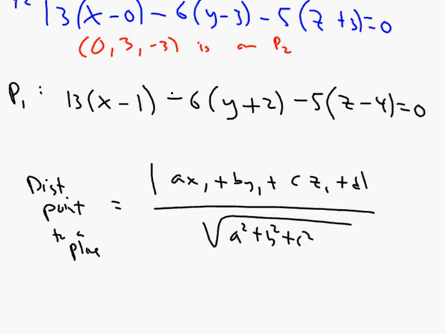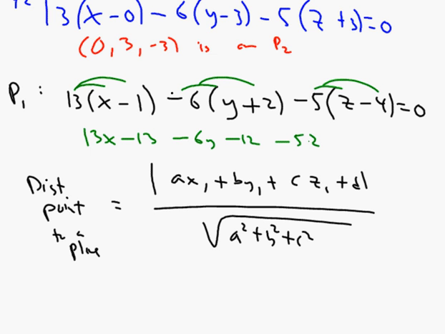Okay? Now, it's not quite written in this format, right? It'd be nice if it matched up a little bit better. So if you want, you could distribute these things and simplify stuff a little bit. So it kind of matches up well. Maybe you'll like that better. So 13x minus 13 minus 6y minus 12 minus 5z plus 20 equals 0.